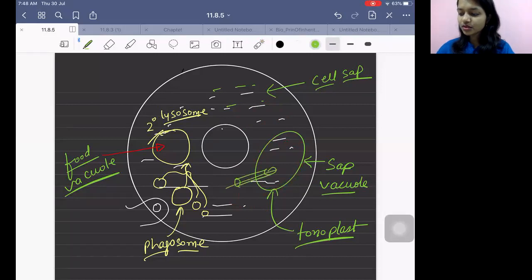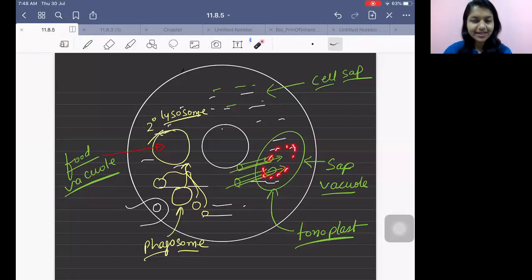So it has few things already. And now if it requires something more, it has the molecules already. If it requires something more, how it will get?